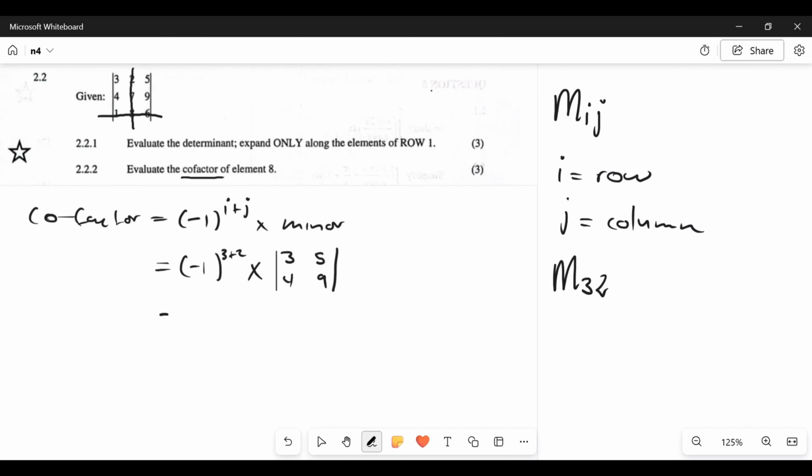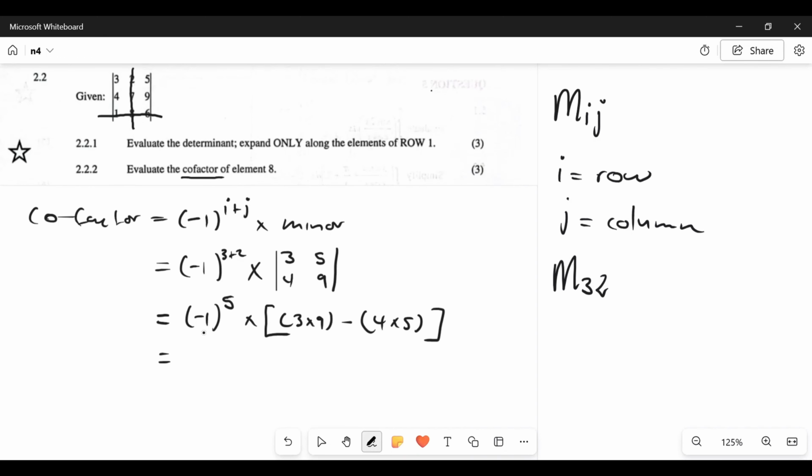So when we continue, we're going to have -1 to the power of 2 plus 3, that is going to give us 5, multiplied by, we're going to multiply the first entry and the last entry, which is 3 multiplied by 9, minus the second entry and the third entry, which is 4 multiplied by 5. Then we close the bracket.